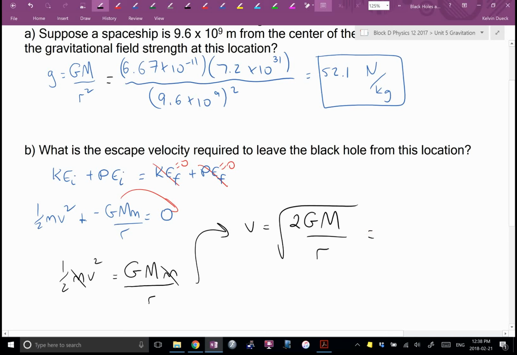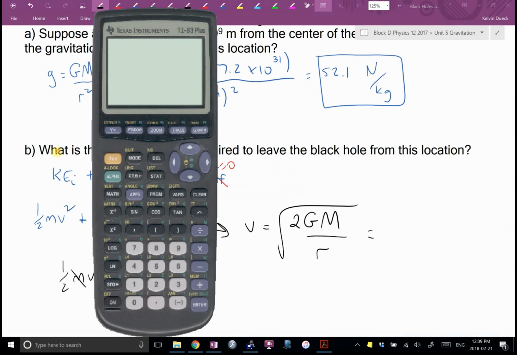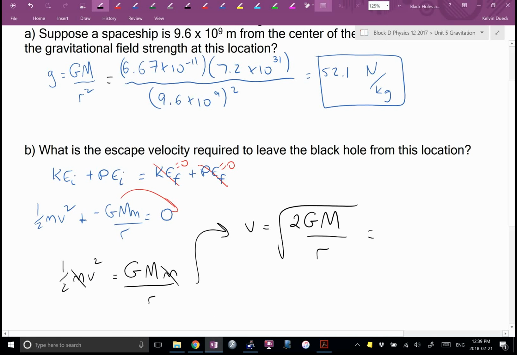I'm kind of expecting this will be a bigger escape velocity than the Earth. I think the Earth was 11,100 and something. So let's crunch this just for giggles. 2 times 6.67 times 10 to the negative 11 times, what did I say the mass was? 7.2 times 10 to the 31 divided by, and how far are we? 9.6 times 10 to the 9th.